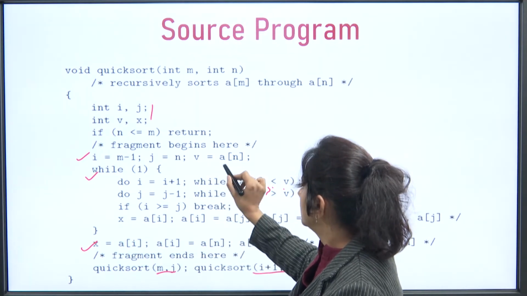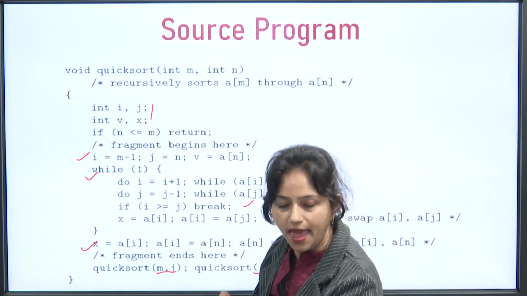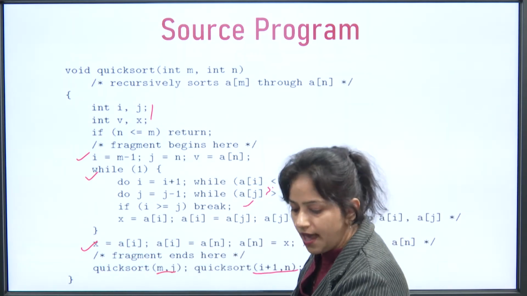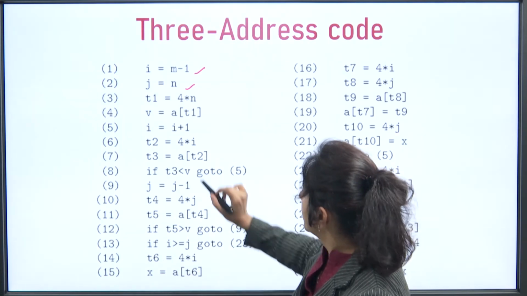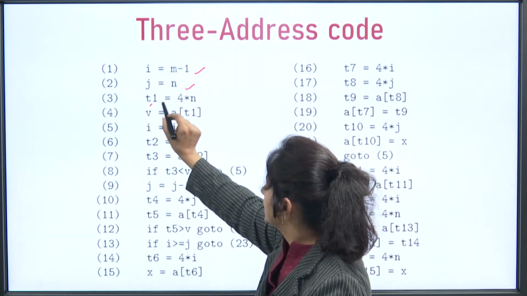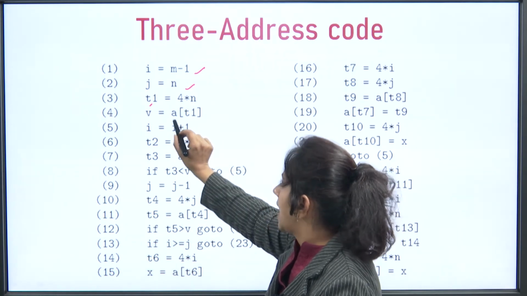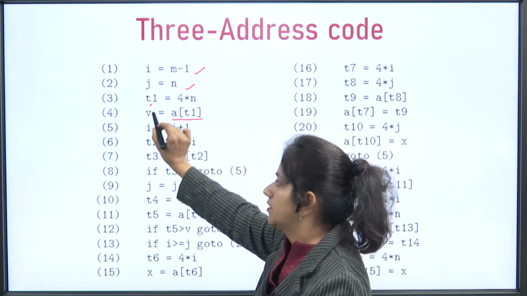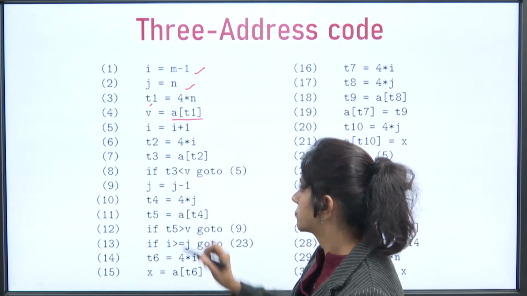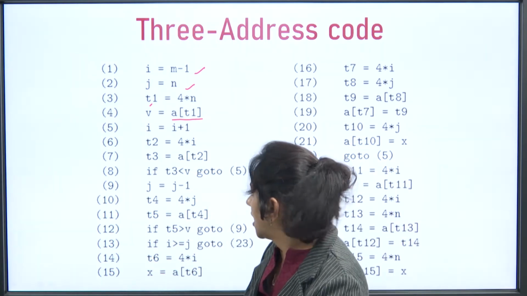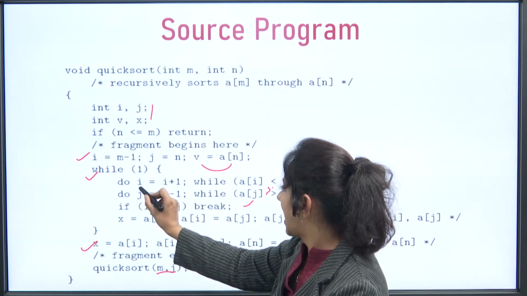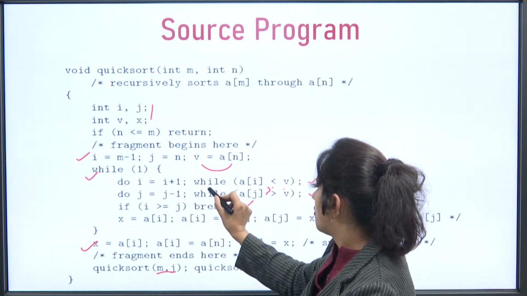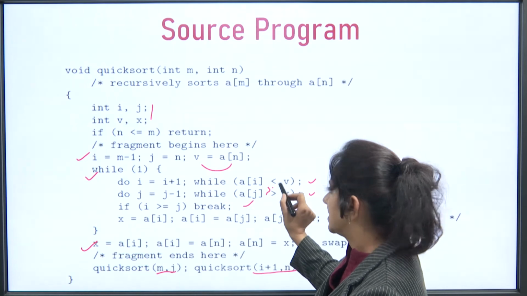This is an array access at index n, and then we are setting it to v. So, just see here, T1 is equal to 4 into n, and then a at T1 is set to v. So, 2 instructions are required here. Now, here we have the loop: i is equal to i plus 1, while a of i is less than v.